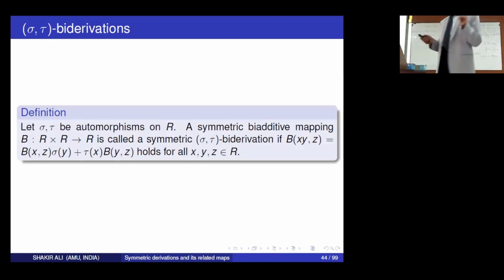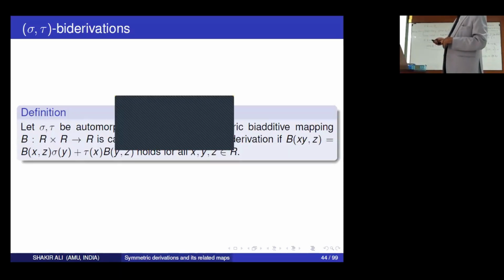So, if you take tau as the identity map, then you get the idea of sigma bi-derivation. Okay? If you take both sigma and tau as identity maps, then you will get the idea of bi-derivation.